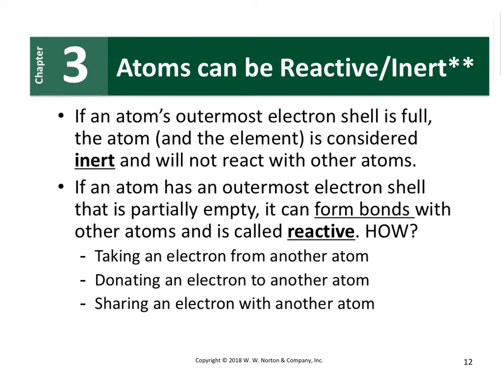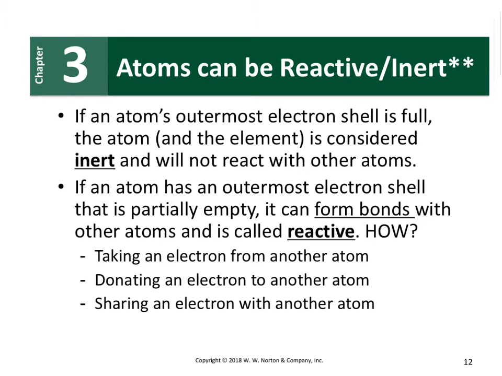They're called noble gases. So they're inert, but we're mainly concerned with elements that react a lot. If the outermost electron shell is partially empty, let's say the third electron shell should have 8 spots for electrons and there are only 7, it means that it's more likely to react.